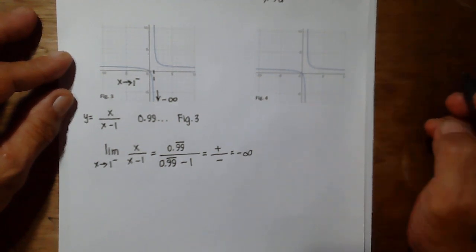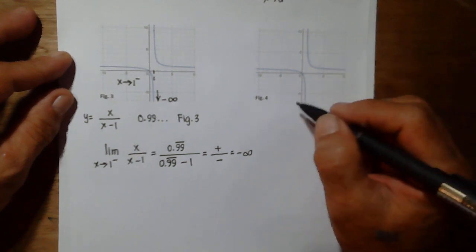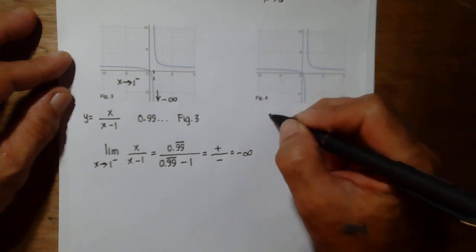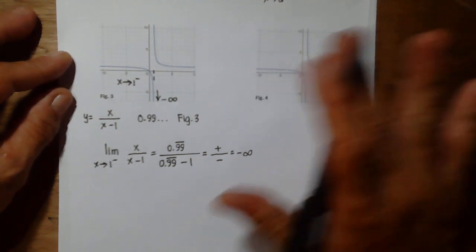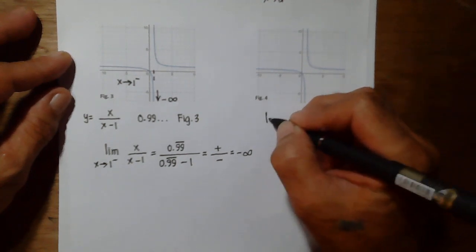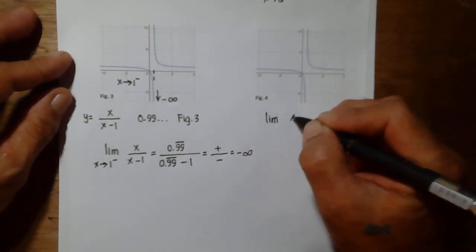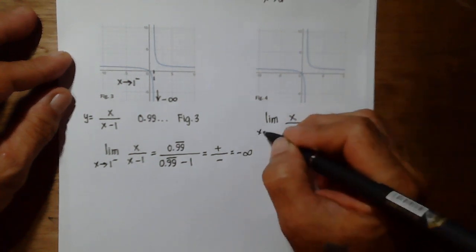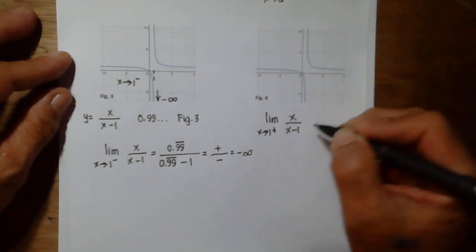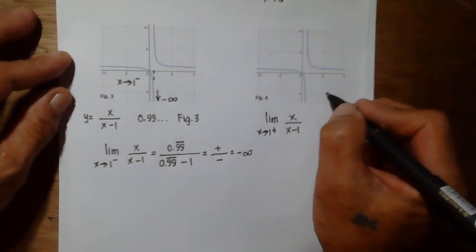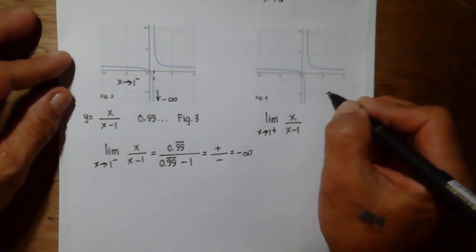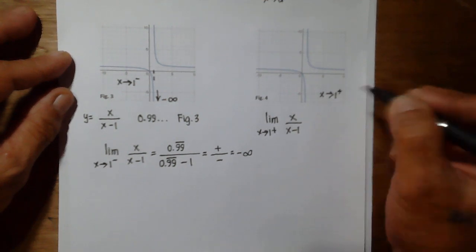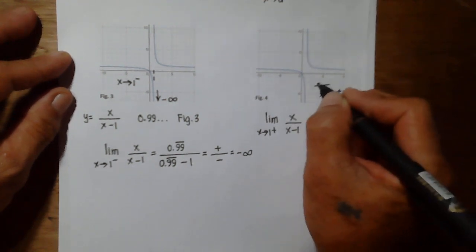Now we go to the right hand side limit. Okay? On figure 4, we have x approaches 1 from the positive side, from the right side. Now we go to the limit statement of x over x minus 1 as x approaches 1 from the positive side, and x is coming from here, x approaches 1 from the positive side, and x is moving in this direction.